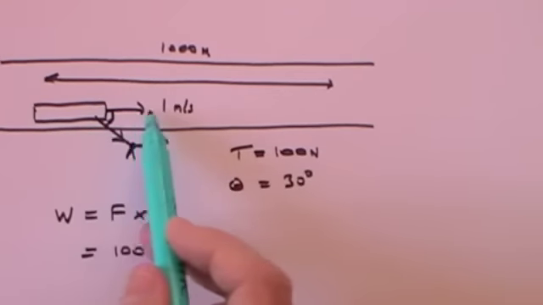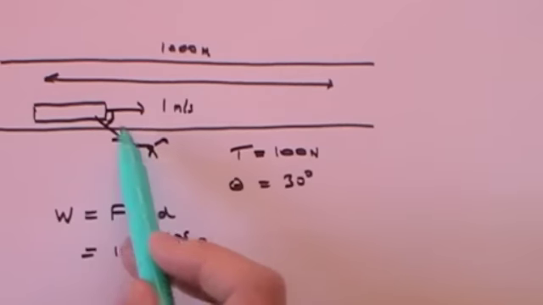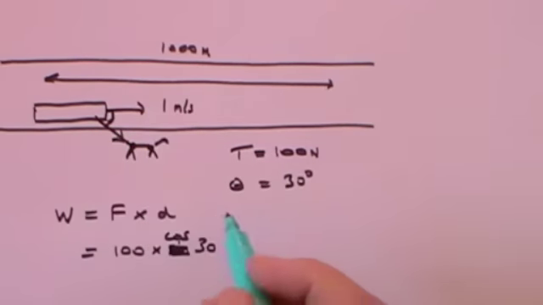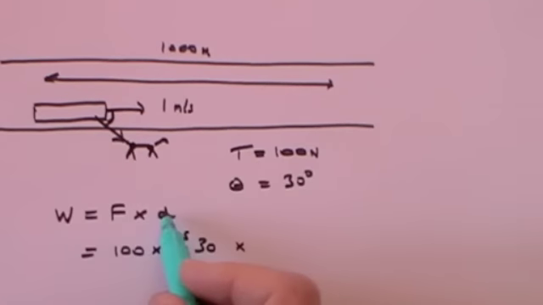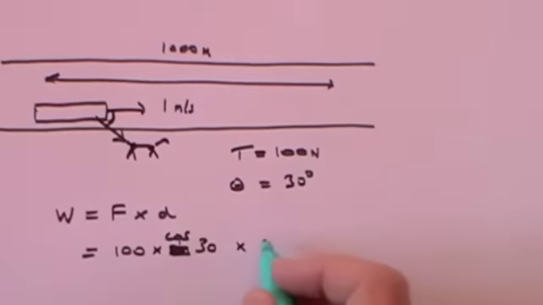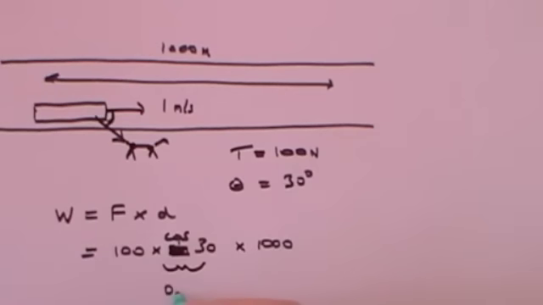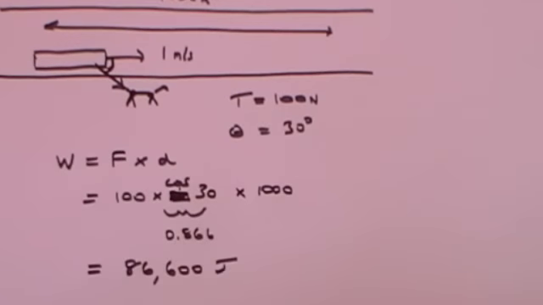The component of the force, 100 newtons in that direction, is 100 times the cosine of the angle 30, multiplied by the distance travelled, which is 1,000 meters. Cosine 30, of course, is 0.866, and so you will find that the work done is 86,600 joules.